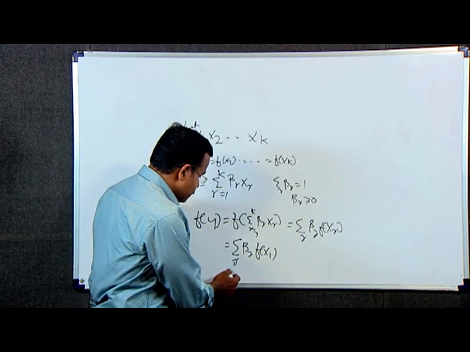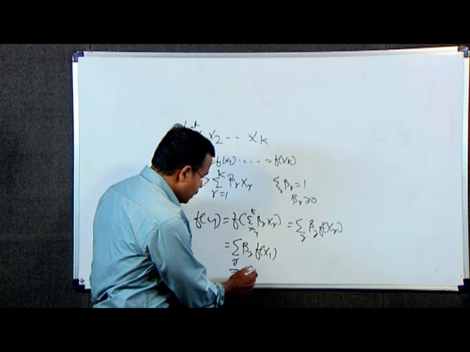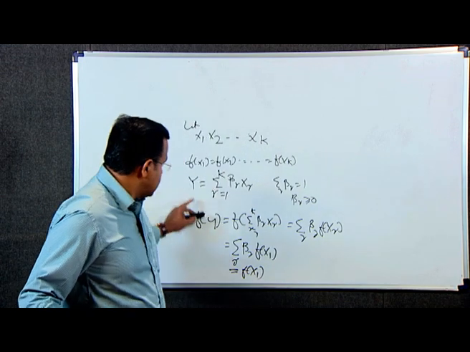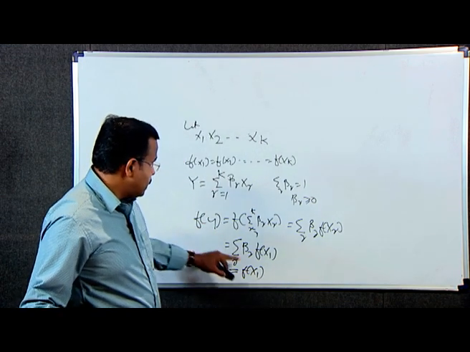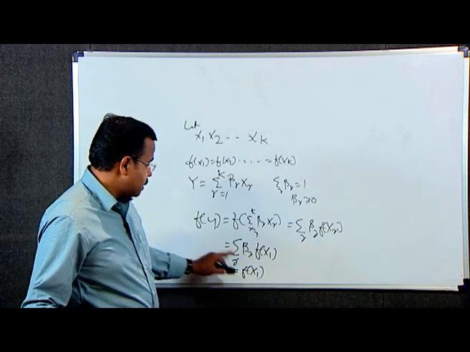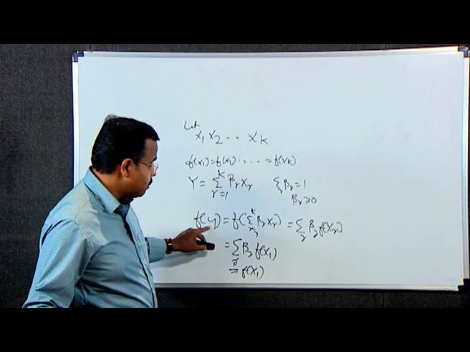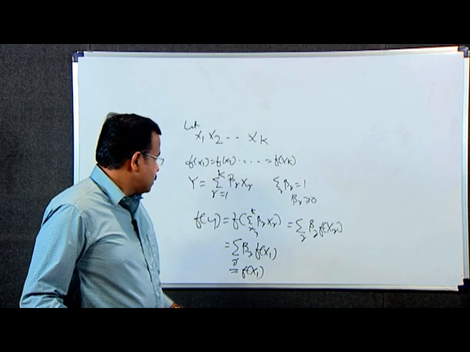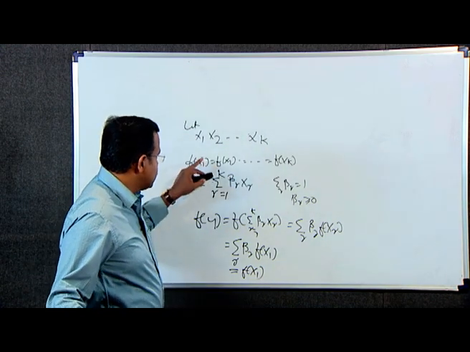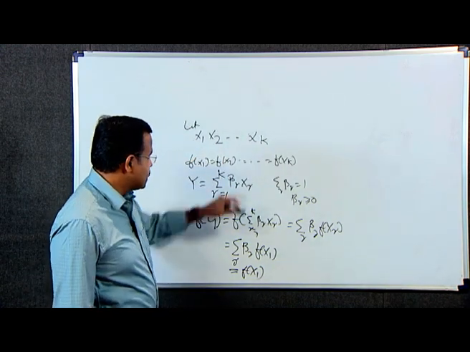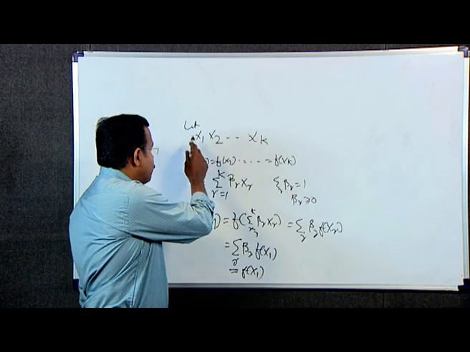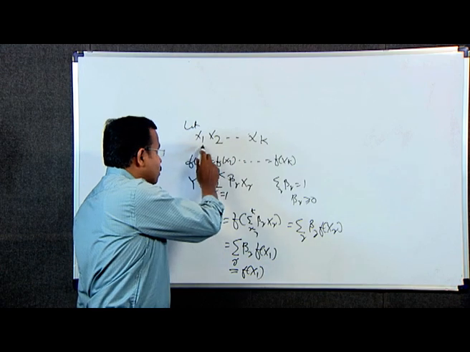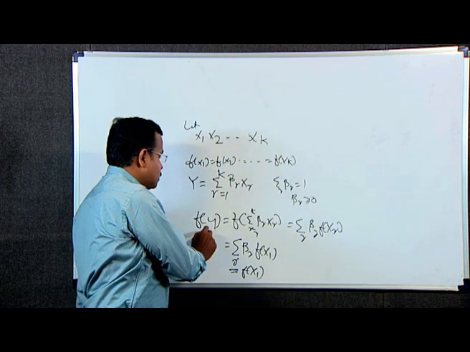Here we are getting f of y equal to f of x1. This means the function value at y is the same as the function value at x1, so the function is minimum at the point y also. This proves the theorem that if f of x is minimum at x1, x2, etc., xk, f of x is minimum at any convex linear combination of these points also.